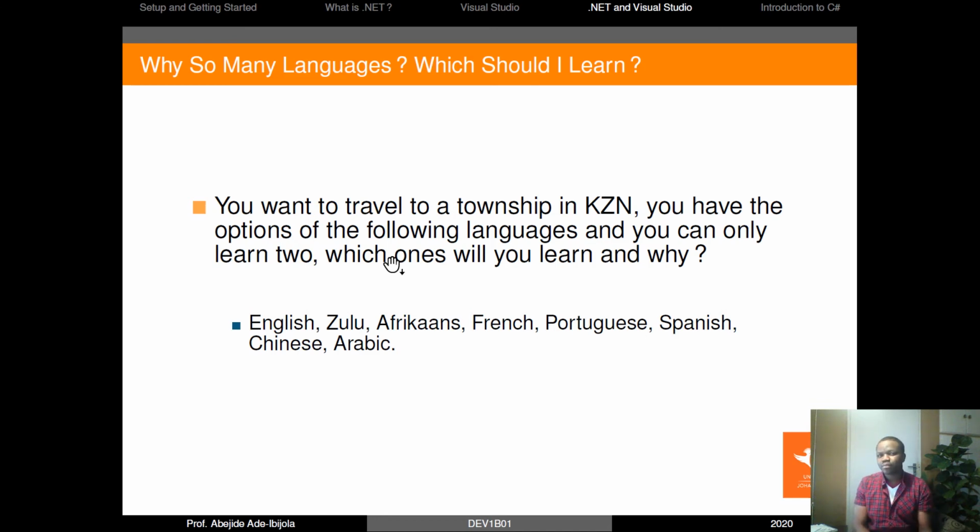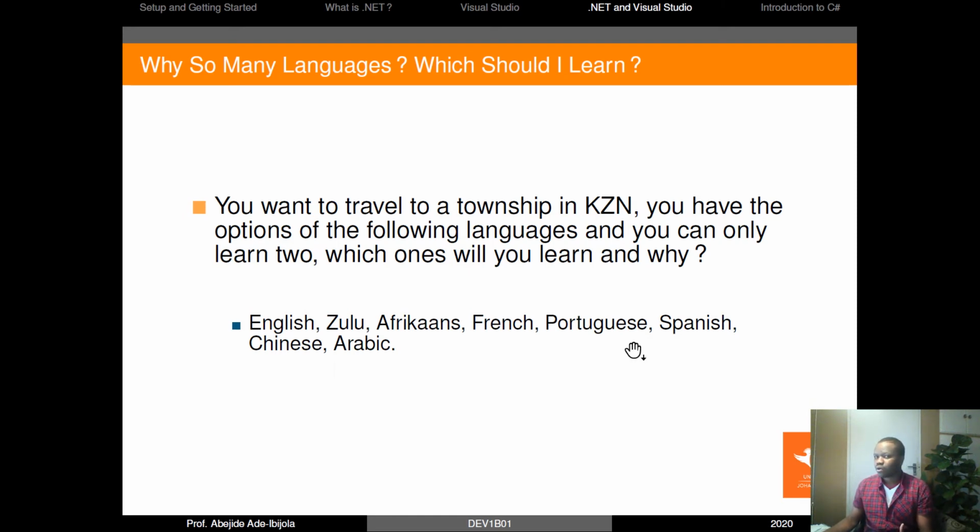My response is, if you were to travel to a township in KZN, and you have the option of learning languages before you go there, which of these languages would you learn? If you're asked to pick only two. So there's English, there's Zulu, there's Afrikaans, French, Portuguese, Spanish, Chinese, or Mandarin, or Arabic.